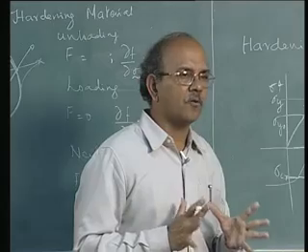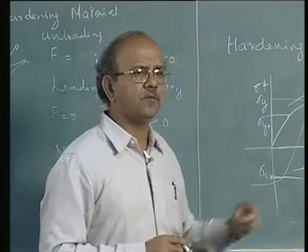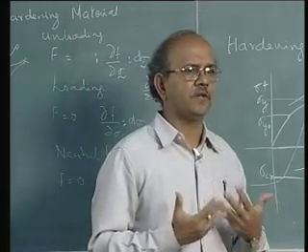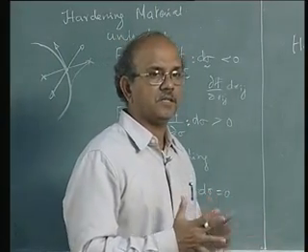What is it that we require now? We have seen many of the things, but what we require is actually some sort of a relationship between stress and strain, okay, in a multi-axial case.